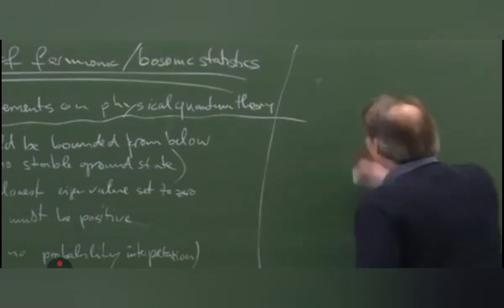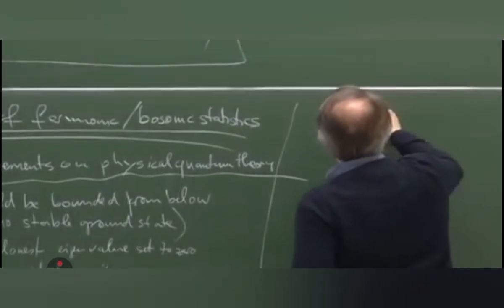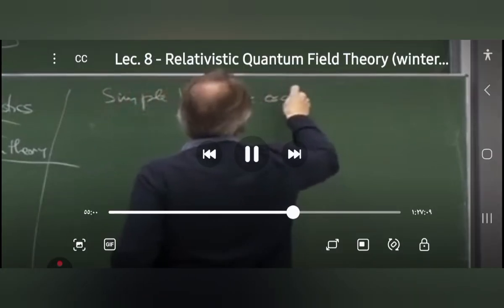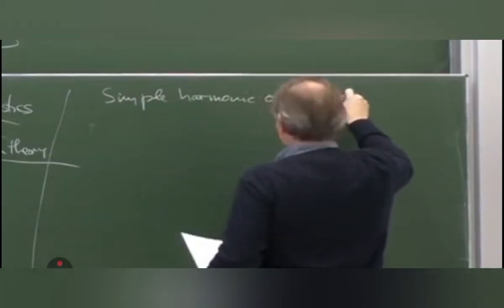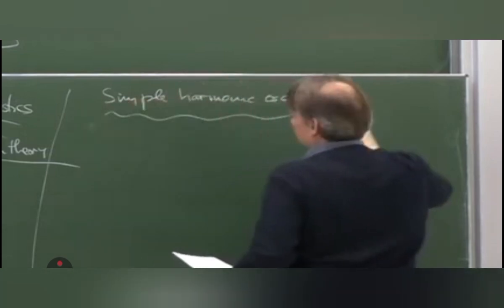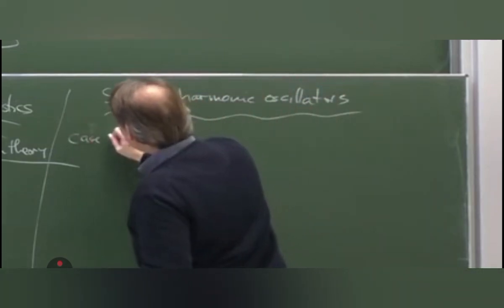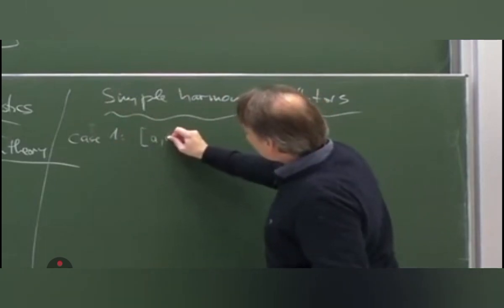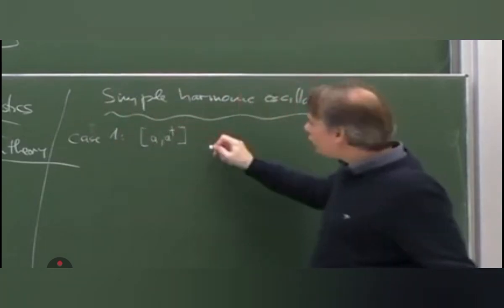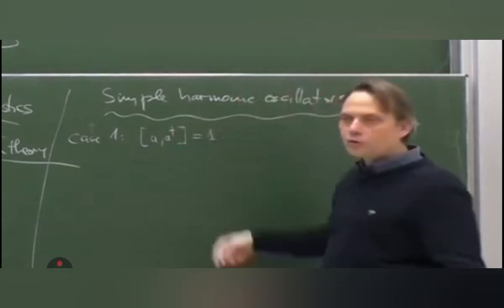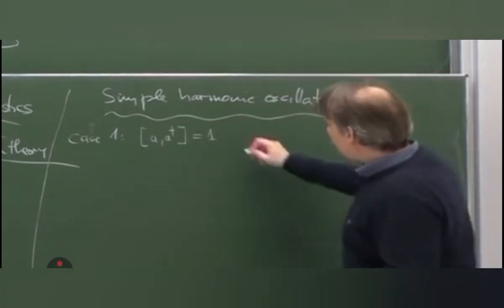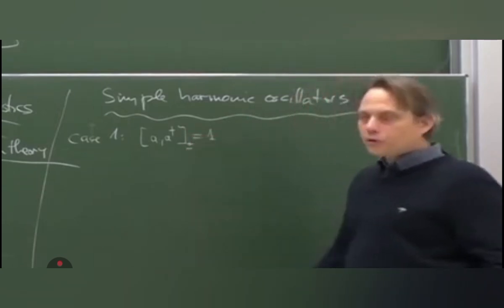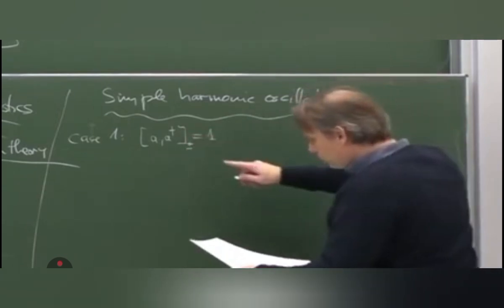Let us compare two types of simple harmonic oscillators. Case 1 is the normal one, namely you have some operators A and A dagger which satisfy that the commutator of A and A dagger is 1. Let's do it fermionic or bosonic, plus or minus, but the result is +1.